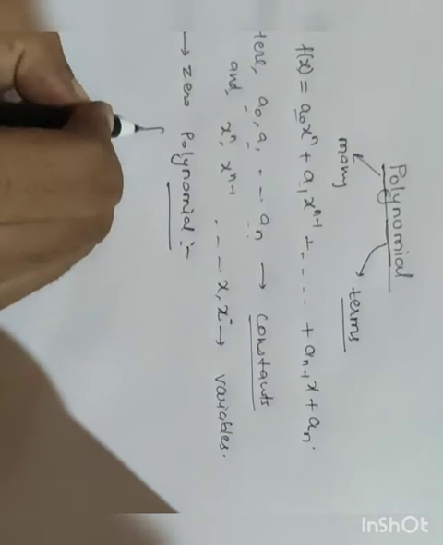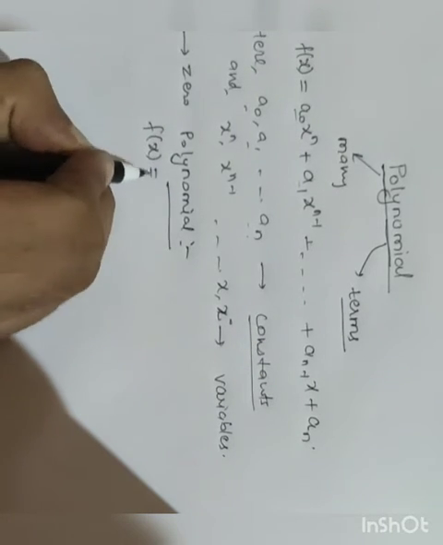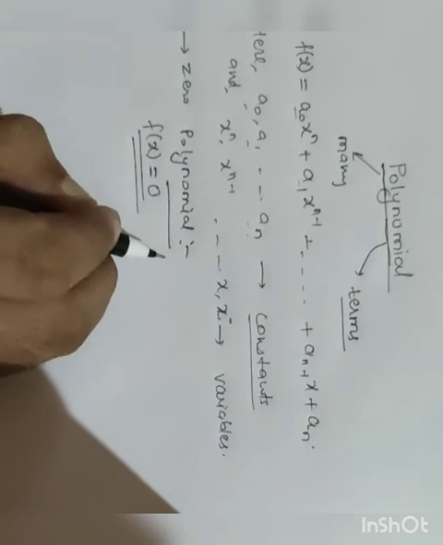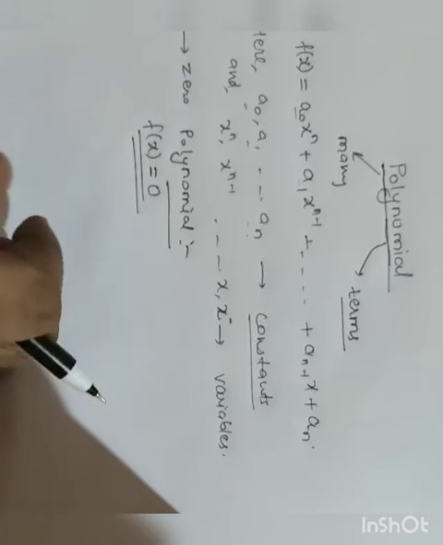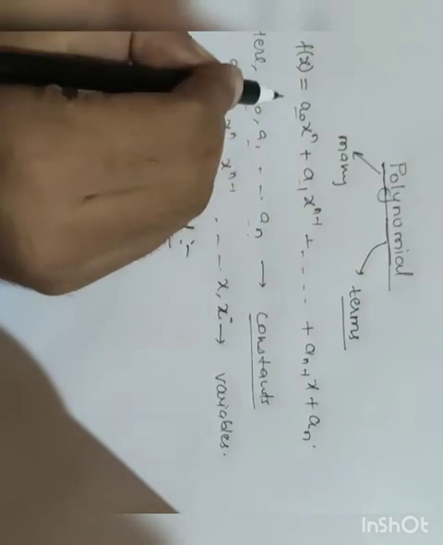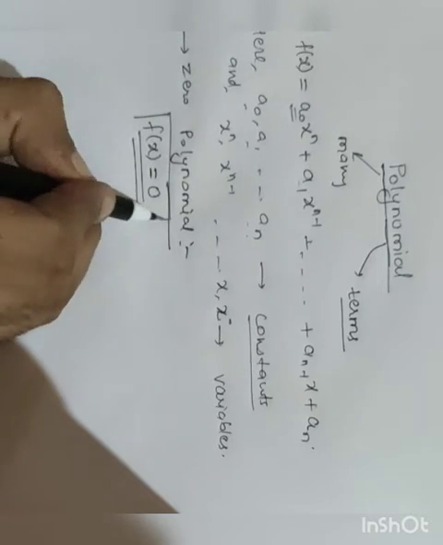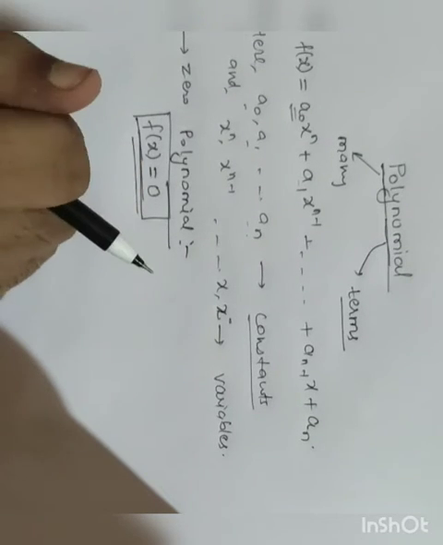Then the polynomial f(x) reduces to f(x) equals 0. So a zero polynomial is a polynomial in which all the constant terms are 0, and it is represented as f(x) equals 0.